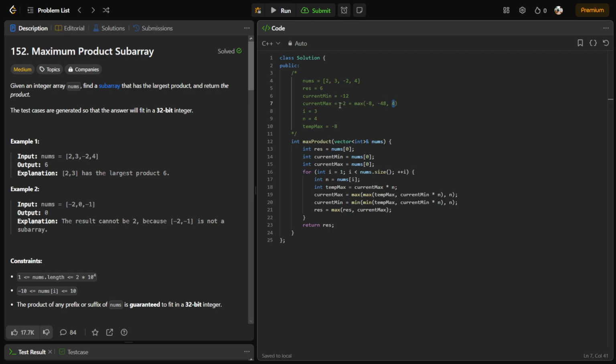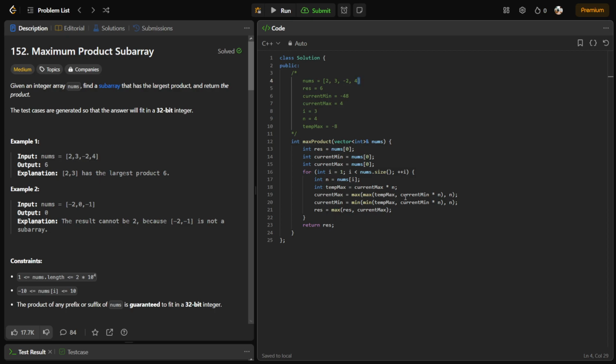So from here, we know the maximum number is just the 4 itself. And for the current minimum, it's technically the same thing. Current minimum will be negative 48. So we're waiting for the other negative number, but in this case, it did not come in the end.